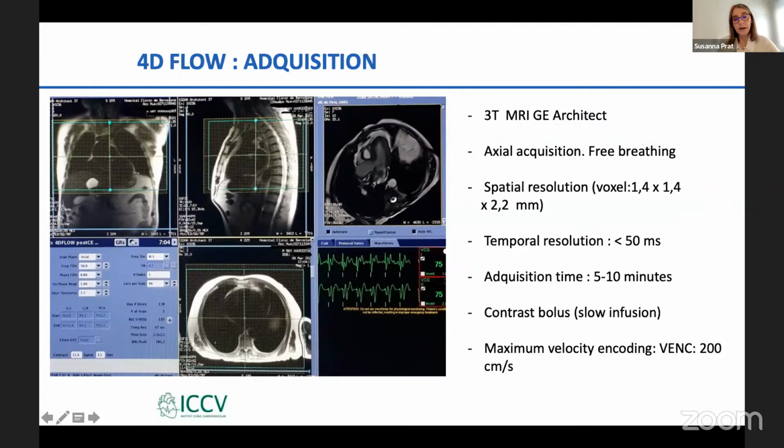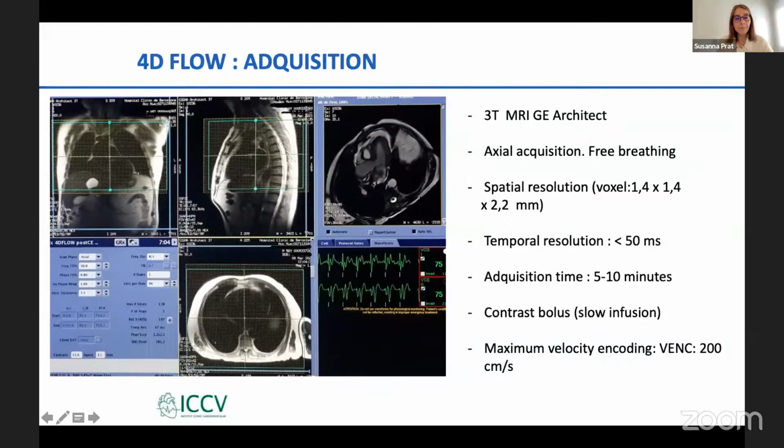But there are other groups that use a respiratory navigator to acquire this sequence. The important thing is to get a good spatial resolution, which in our case is a voxel of 1.4 by 2.2 millimeters. That is quite a good spatial resolution.